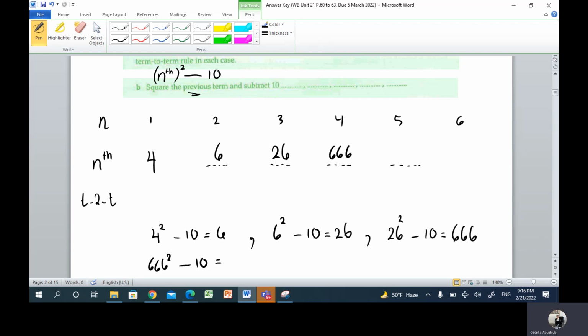If you insert this in the calculator, the answer will be 443546. So the fifth term is 443546.